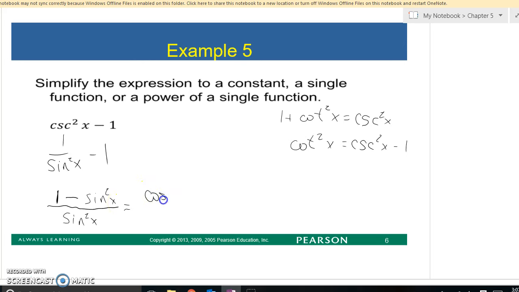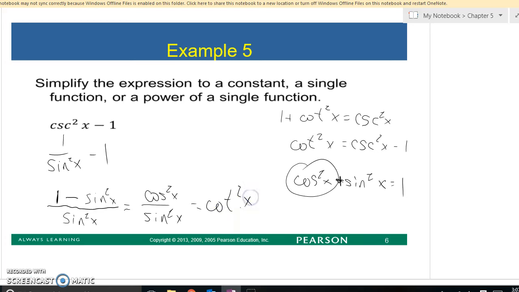That would turn into cosine squared over sine squared. Because remember, we've got cosine squared plus sine squared equals 1. So you could subtract the sine squared over, and then it's equal to cosine squared. Anyways, cosine squared over sine squared is yay. Either way, both ways work.